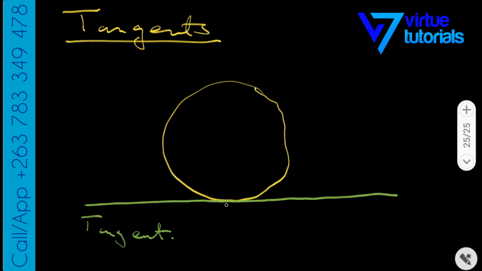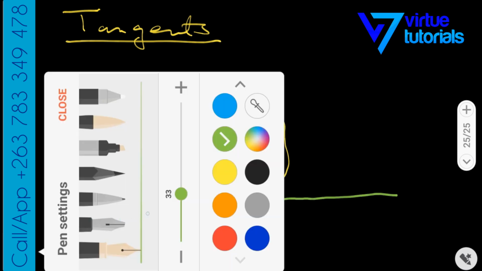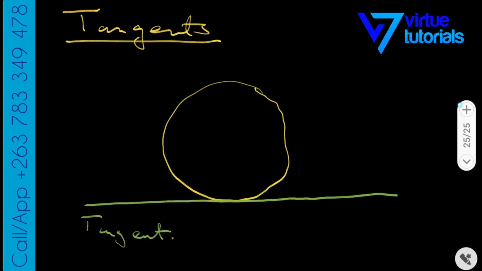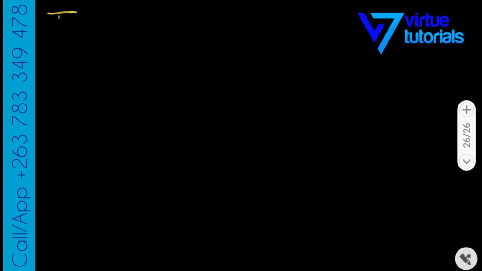Now that we understand what a tangent is, let's go through the tangent theorems, just 3 theorems. So there's theorem 1.